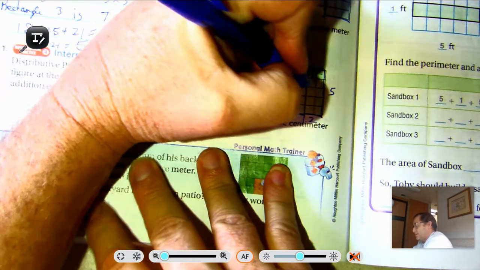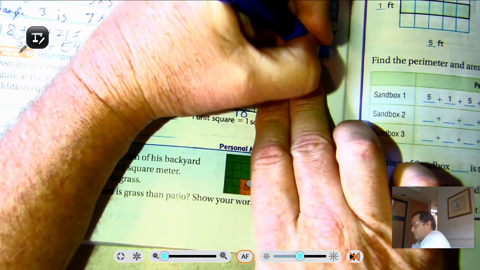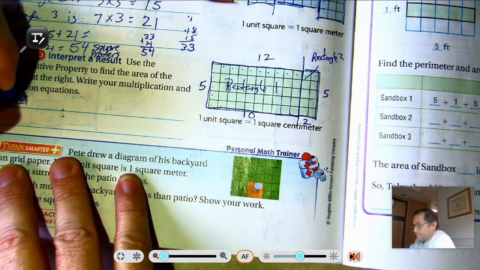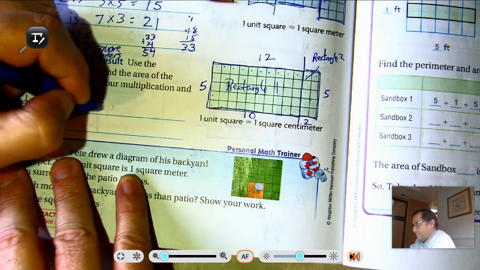So rectangle 1, rectangle 2. So rectangle 1 is a 5 by 10.